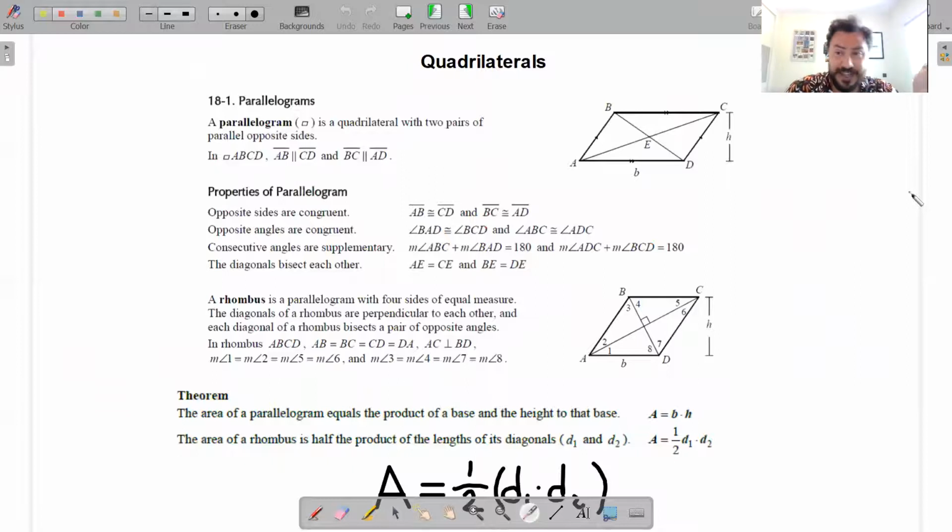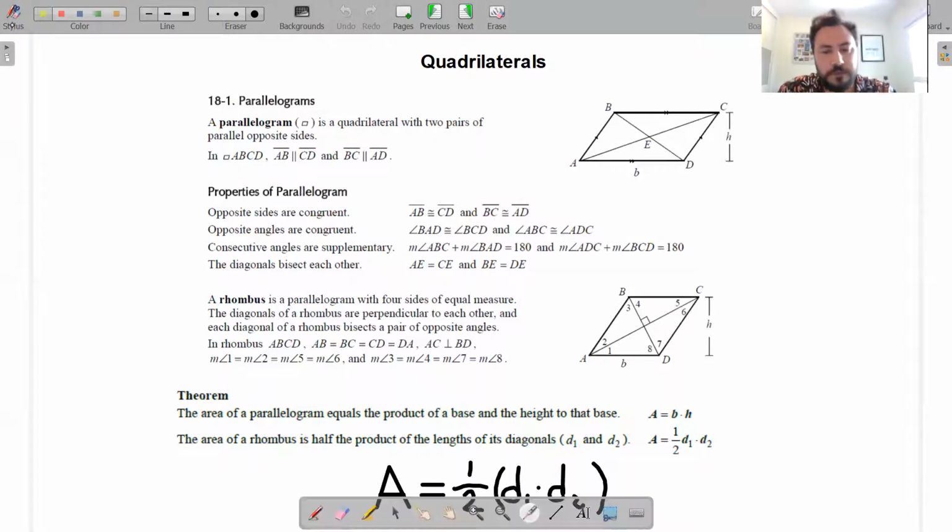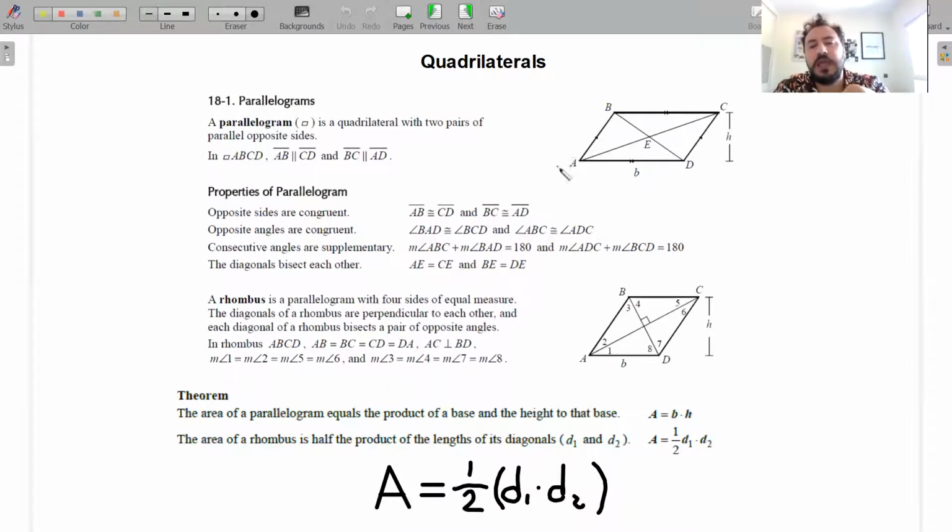There is another type of quadrilateral, which are parallelograms and rhombuses. The parallelogram is a quadrilateral with two pairs of parallel opposite sides. So here we have this parallelogram, and we have these two parallels, and these are the two parallels. Clearly, there is something different in here.